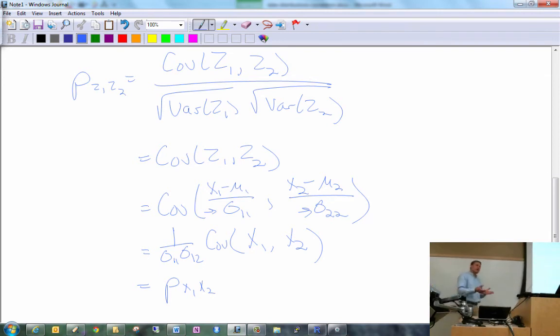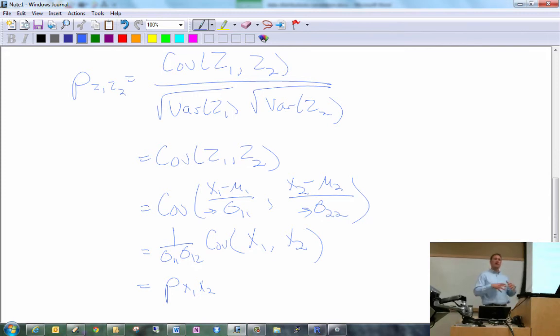So what this means and why this is important for us is this. If my statistical method relies heavily on the correlation matrix, and in fact this is what's going to happen when we talk about principal component analysis, even factor analysis coming up, if my statistical method relies on knowing the correlation matrix between x1 and x2, I can get equivalent results from working with the standardized data.